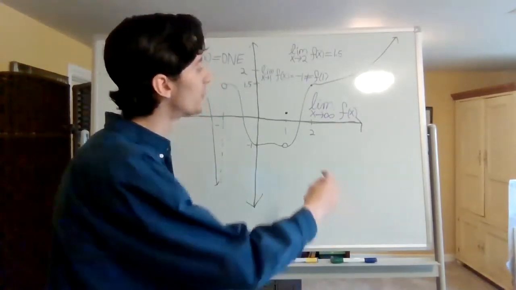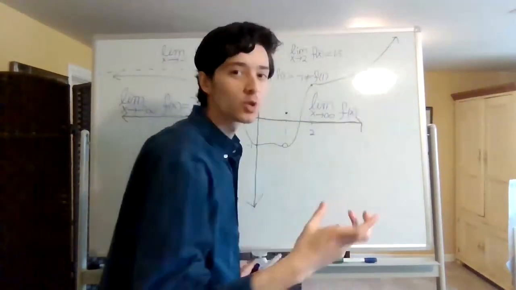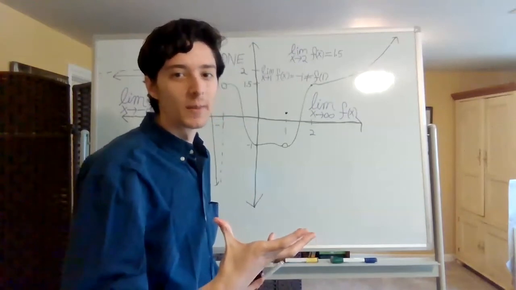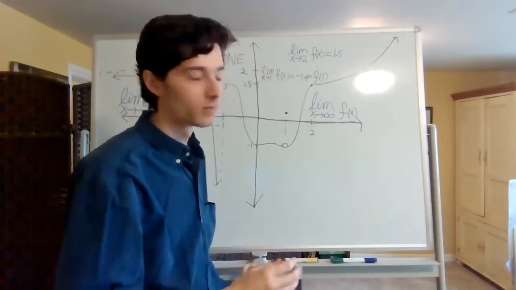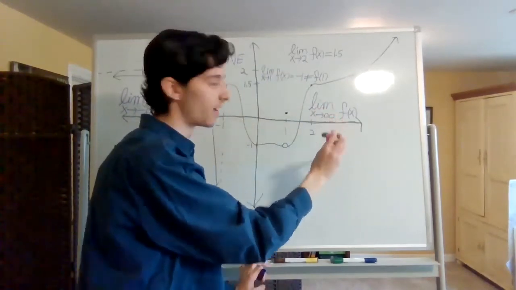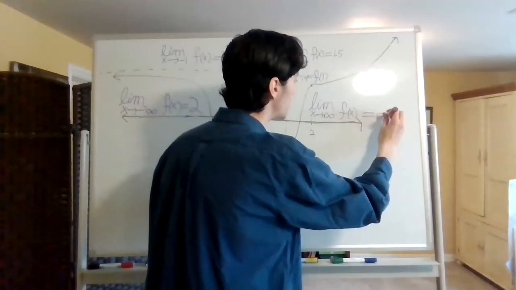And so we look. We see x is getting really big, and it looks like our function is just going to keep increasing, and that there's not really a bound that it's going to increase to. So we say that the limit as x approaches infinity of f of x is equal to infinity.